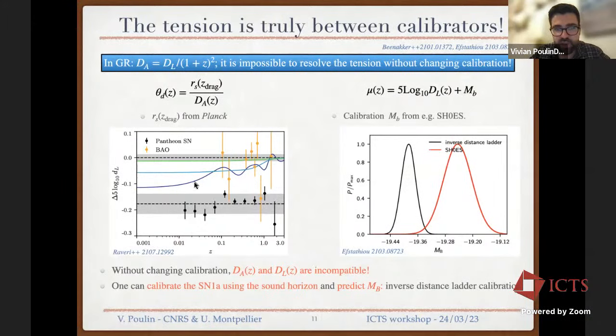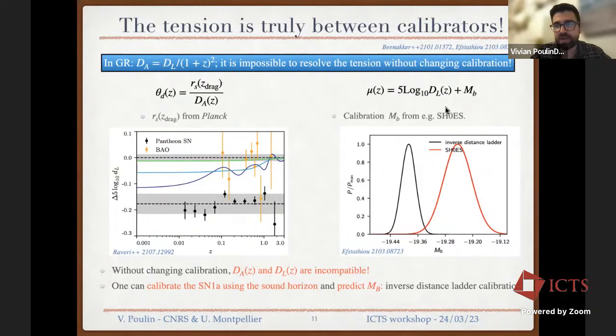And these curves show you essentially infinite freedom. These are really trying to adjust the expansion history from the data. You can read the paper if you're curious how they do that. And the point is just that you would need some extremely weird oscillatory pattern that takes the Pantheon data at low redshift, then goes back up to fit the BAO, then goes back down to Pantheon, and back up. So of course, unless you have a very, very weird oscillatory pattern, what you really need to do is to change the calibration.